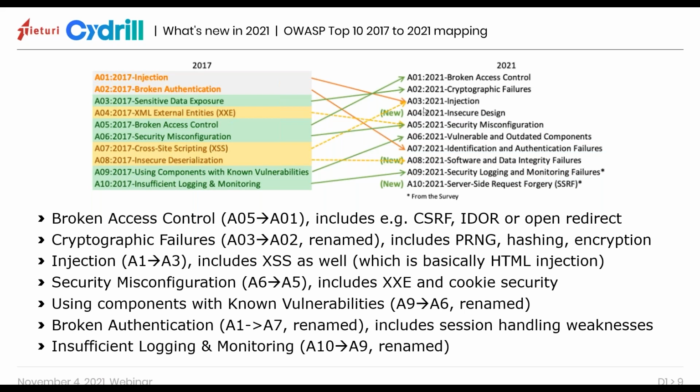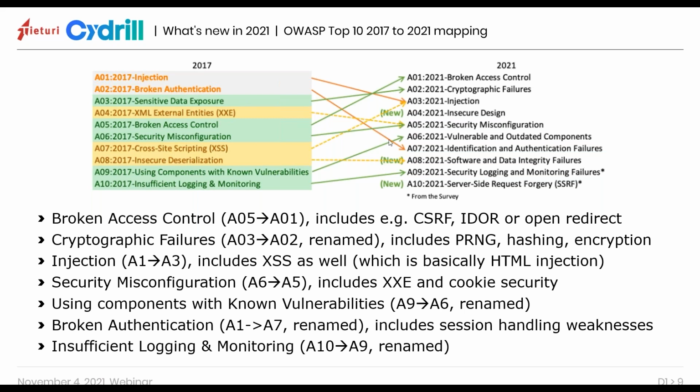And this is because cross-site scripting was basically a subtype of injection problem, only it was basically HTML injection that happened in the browser. Then we have, as the next category, security misconfiguration. Now, this is also a result of a merge of several categories, specifically security misconfiguration, of course, and also XML external entities, or XXE. So XXE was one of these very low-level vulnerabilities that I mentioned in the previous version.